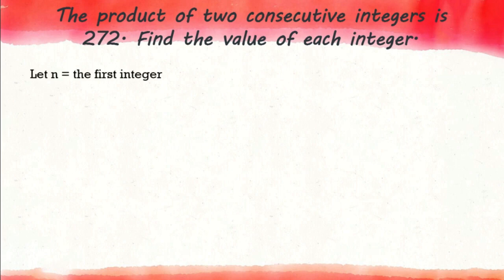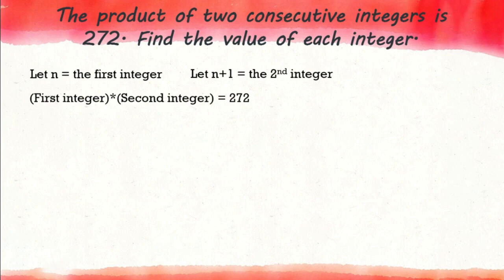Let n be the first integer, and the second integer is n plus 1 because we are finding two consecutive integers. So the product of the first and second integer is 272. Our first integer is n, second is n plus 1. Substitute the values, so we have n times n plus 1 equals 272.